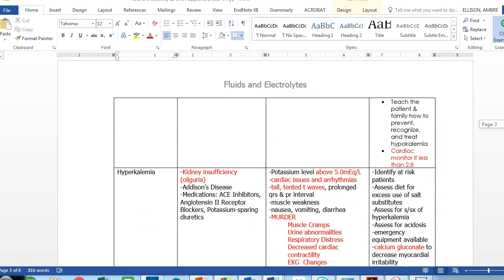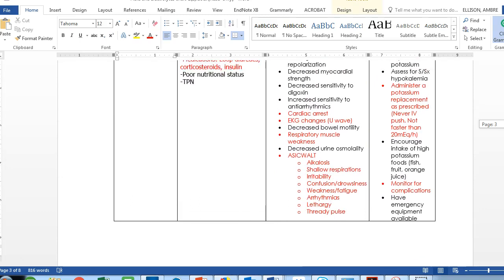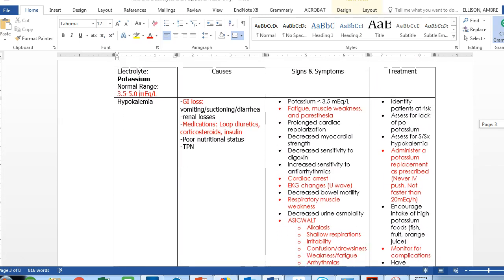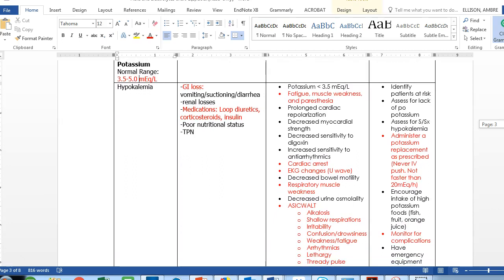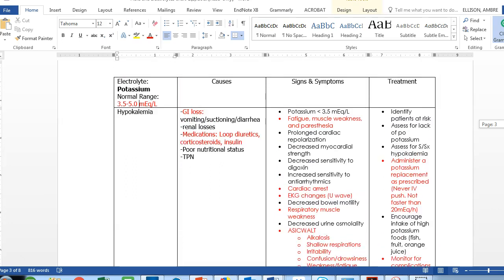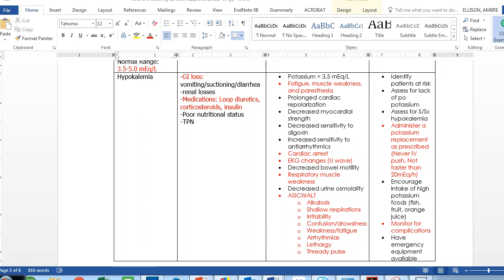So you can use the acronym SICK WALT, which is there to help you remember your signs and symptoms. So the treatment, like emergent treatment, oh wait, this is hypo. So treatment, if it's significantly hypokalemic, is going to be IV potassium. Please, please, please remember that you never give IV potassium IV push.